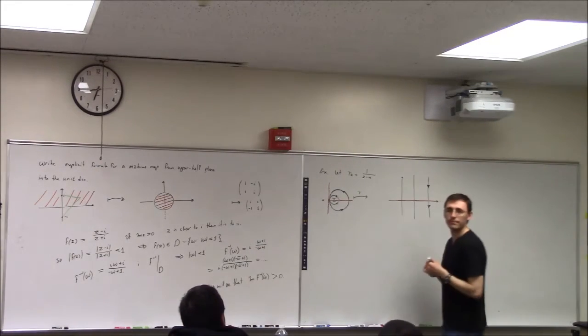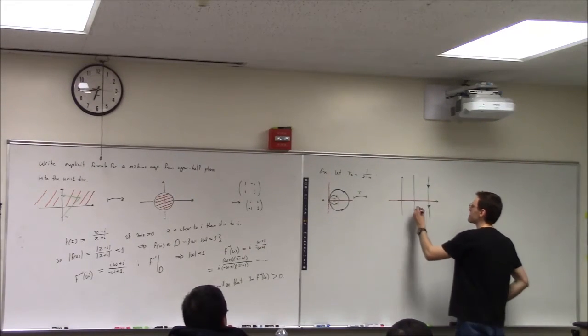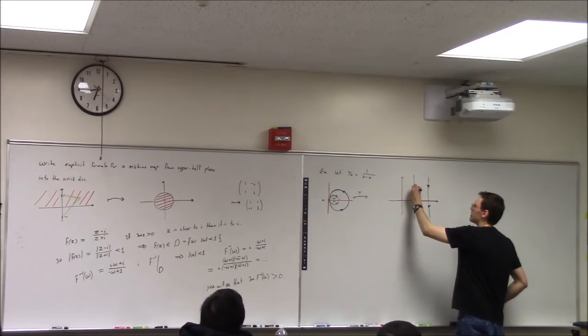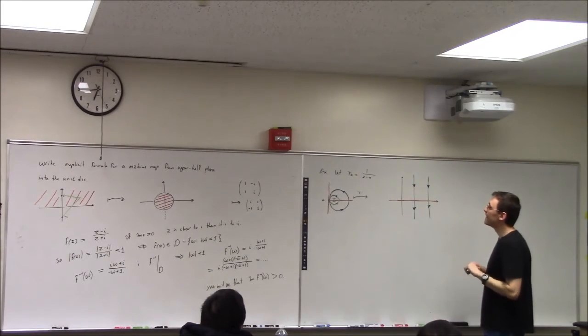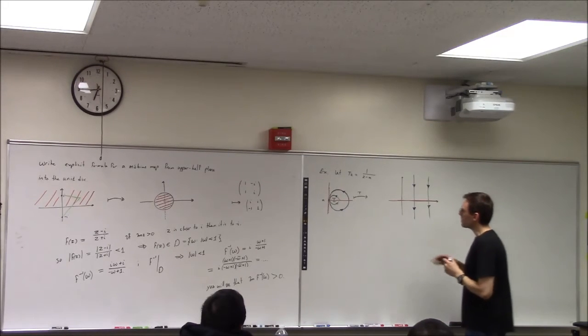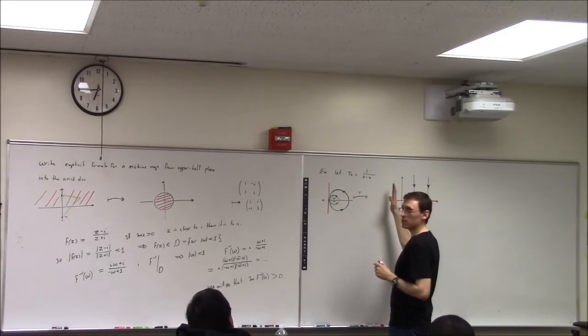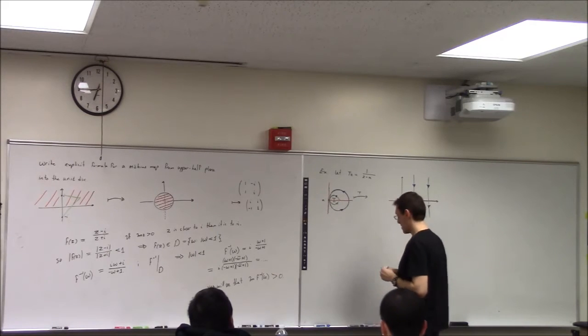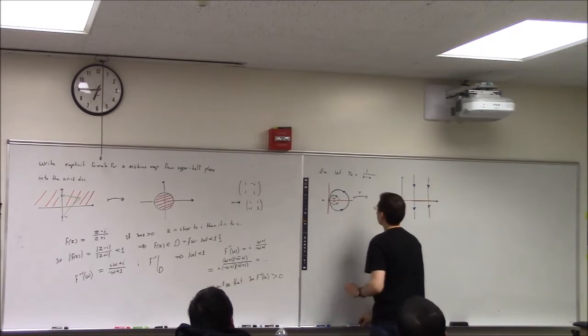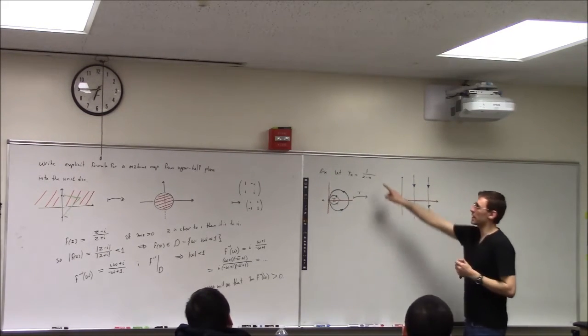It's also down. Okay, good. So you see the bigger circle is mapped closer to the orange, because it's like 1 over r, right?